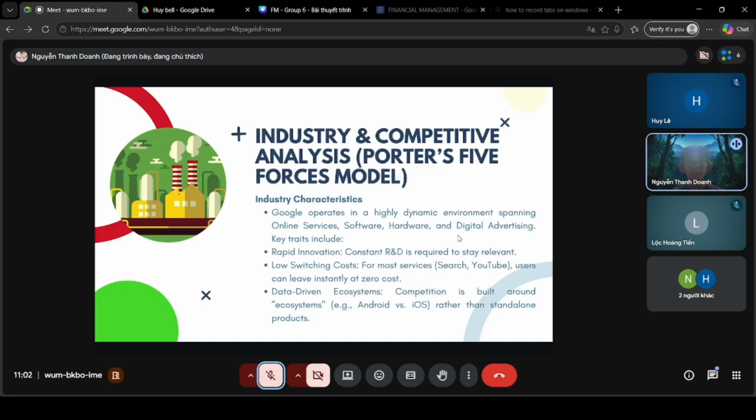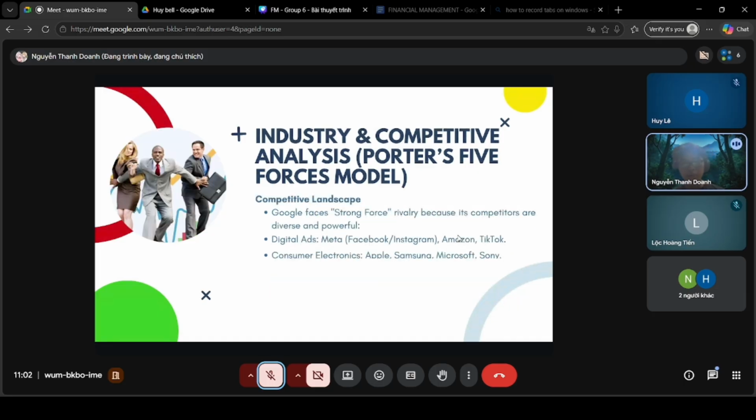So next, we'll talk about the competitive landscape. Google faces strong rivalry because its competitors are diverse and powerful, like in digital ads with Meta from Facebook or Instagram, Amazon and TikTok.